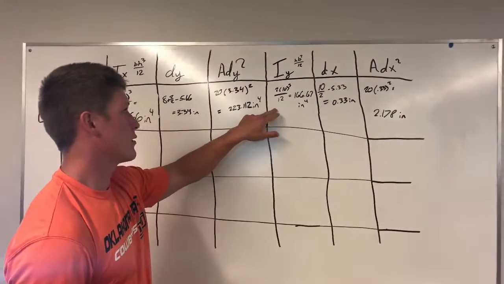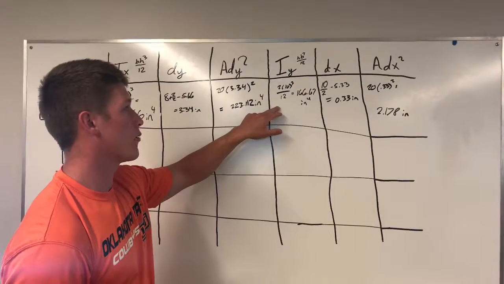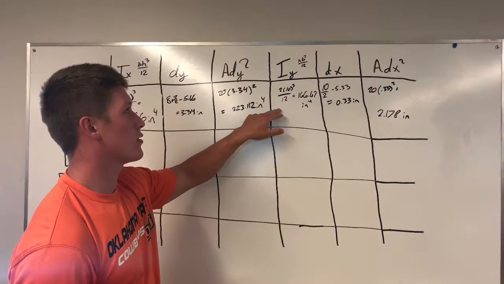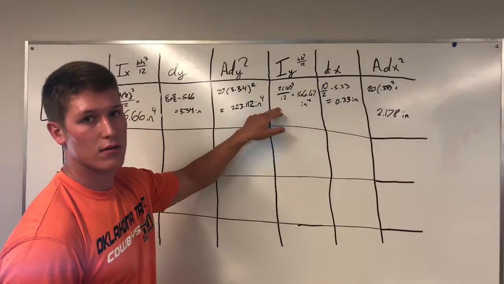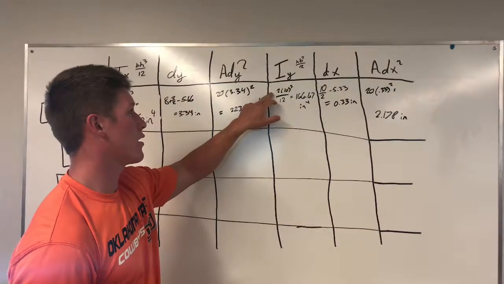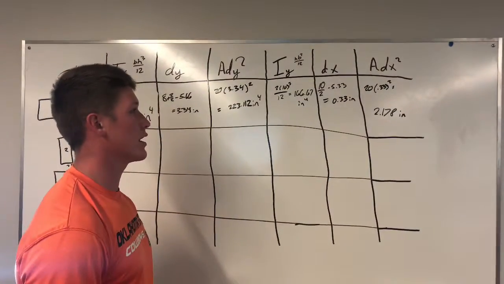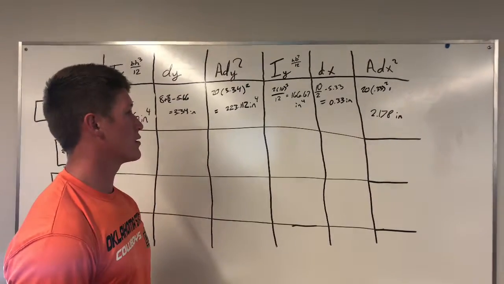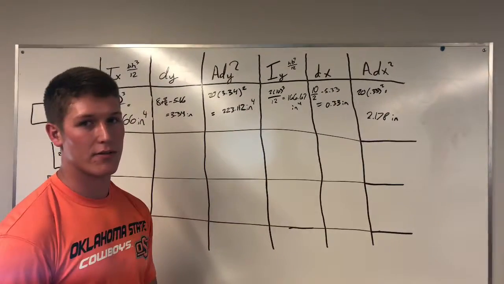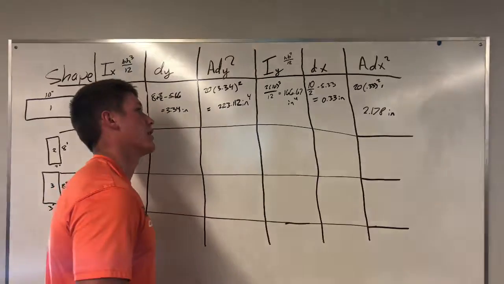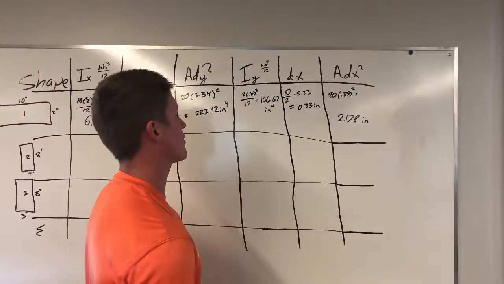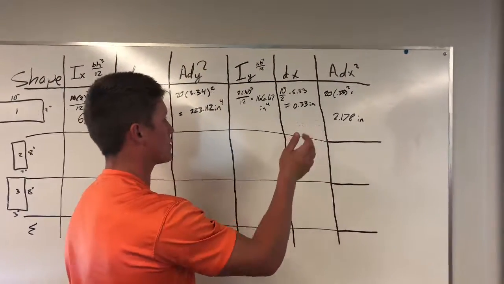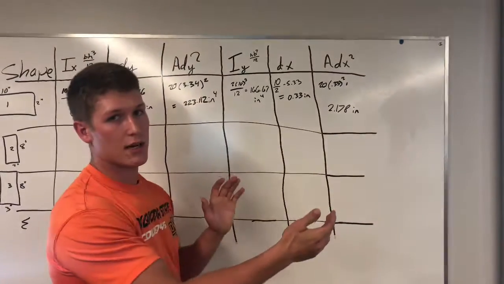And then similarly, we're going to do Iy, but in this case, we're going to do hb to the third. So these are switched now. We're going to have 2 times 10 to the third over 12, which gives us 166.67 inches to the fourth. And then moving on to dx, we don't have to add anything in this case because this shape is the entire width.